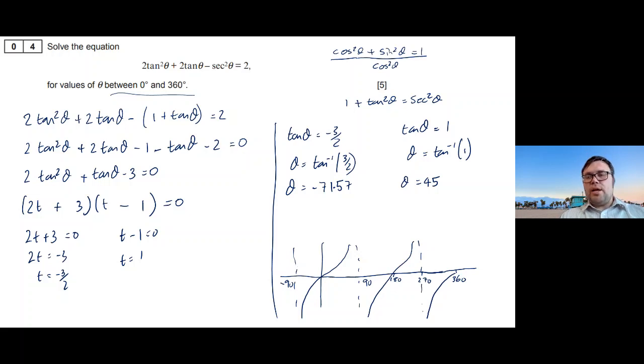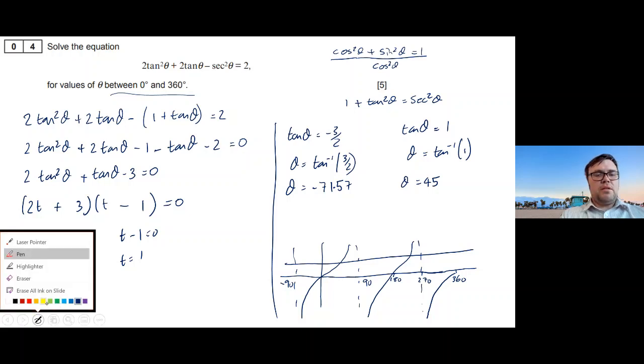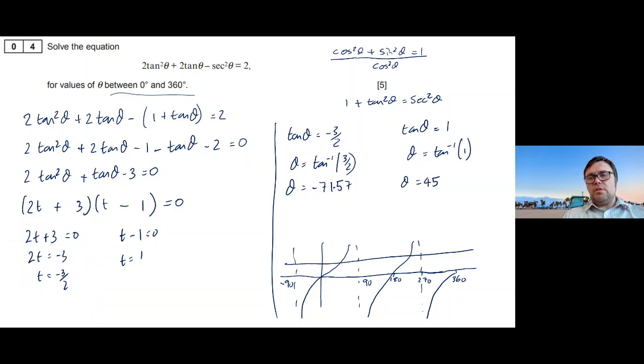So we have when it's equal to 1, cross in there, and then when it equals minus 3 over 2, it will be here. Got those values there that I need to work out.